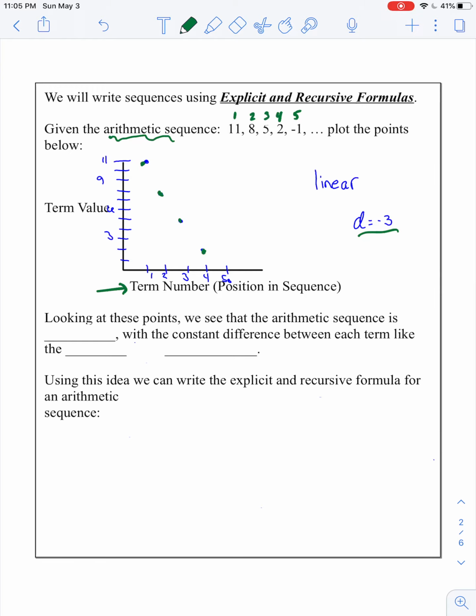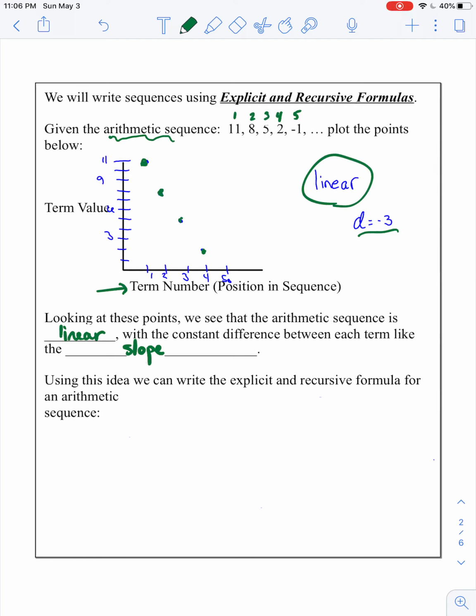So what you have here is a linear pattern. Arithmetic sequences are linear, with a constant difference between each term, like the slope. I don't know why that blank is so ginormous to write the word slope.